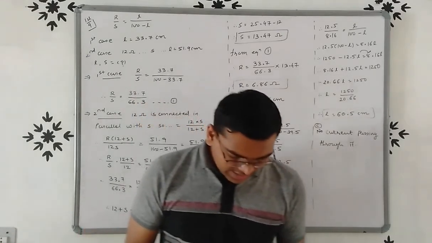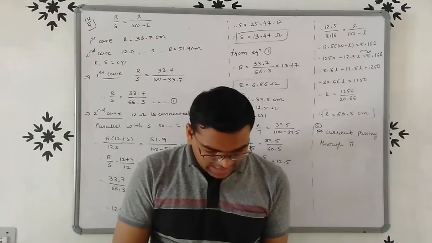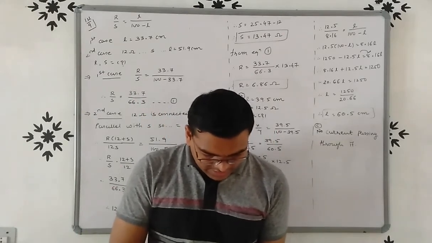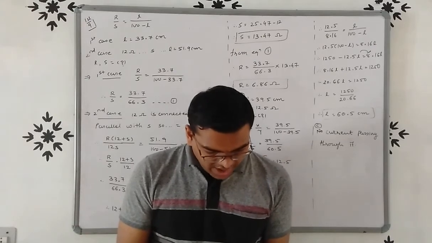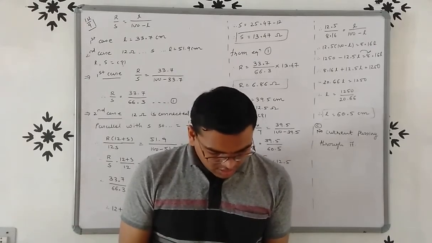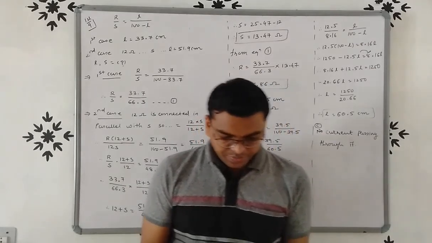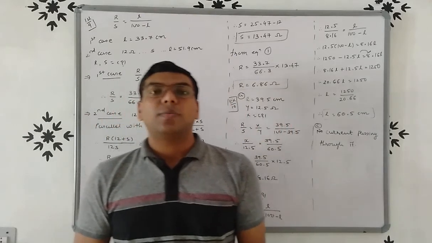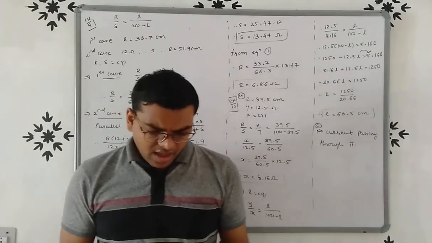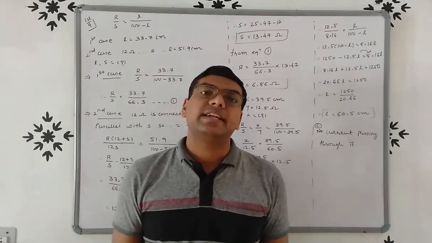Right. Now there is another question in part A. Why are the connections between resistors in a Wheatstone bridge or meter bridge made of thick copper strips? Now, the thick copper strips have a small resistance which can be neglected.